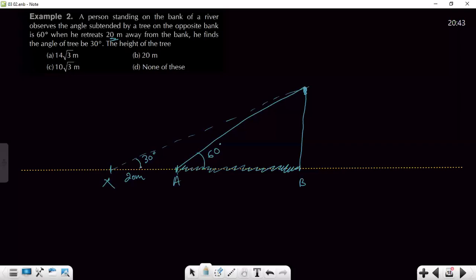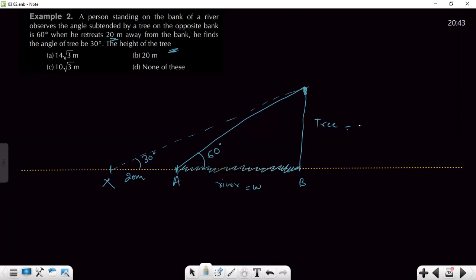Is this diagram clear, how I have drawn the diagram? Let's consider the width of the river as W. Is the diagram clear? Yes, sir. We need to find out the height of the tree.